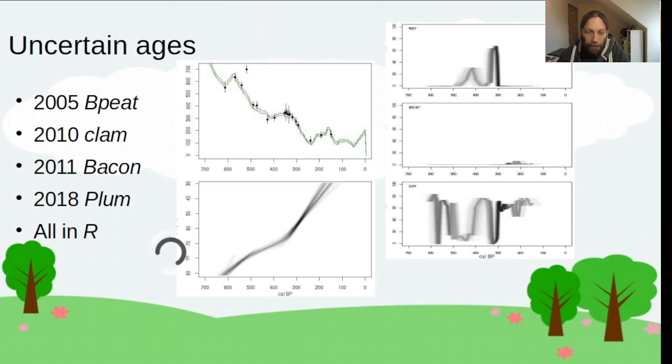And all of this is produced within one software package, one software environment, and that's R. And I think that has helped quite a lot in making things and workflows more consistent across different approaches. And now we can plot our proxies not using just one curve, but using grayscales that indicate chronological uncertainty.